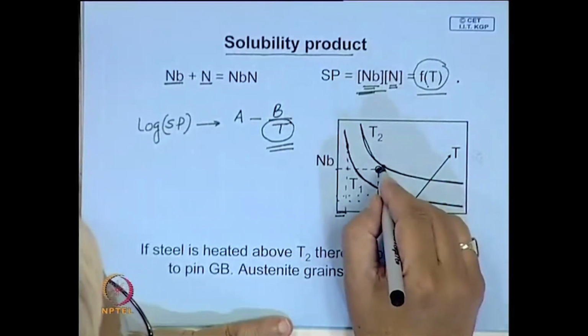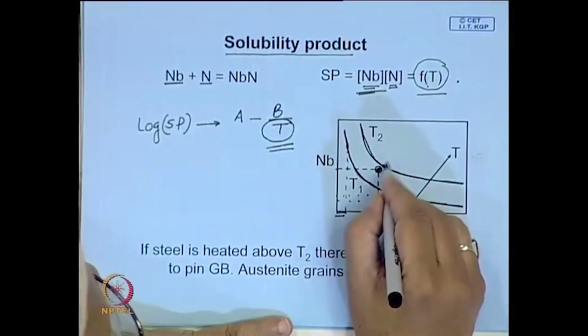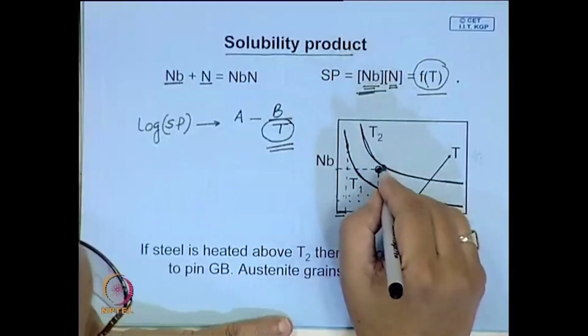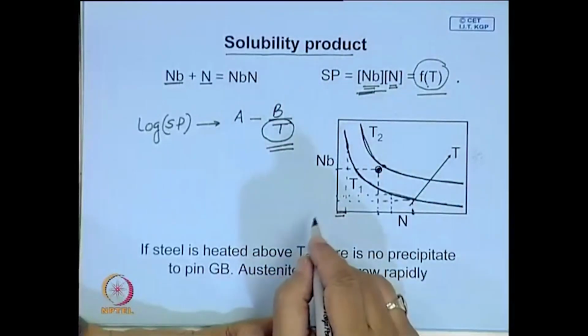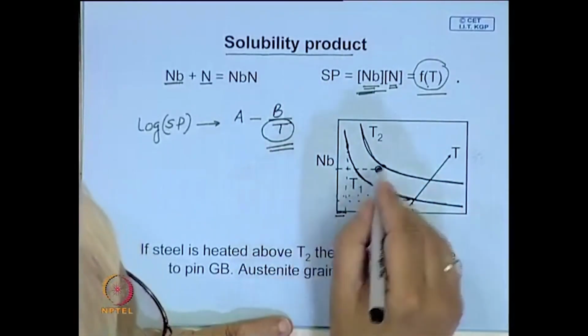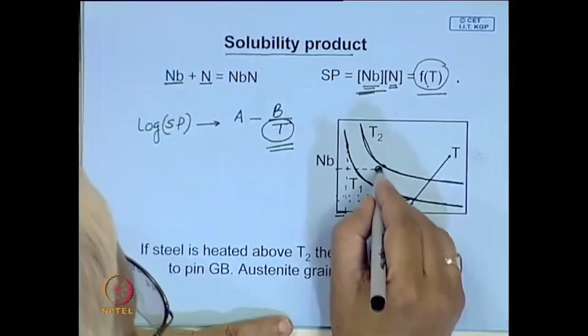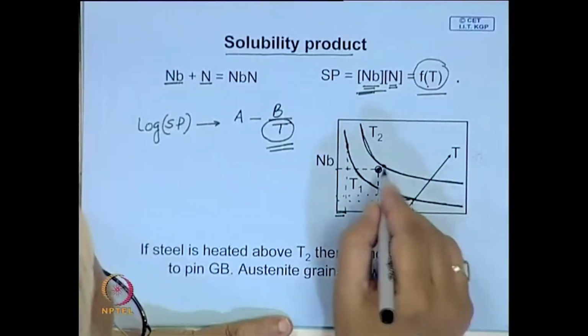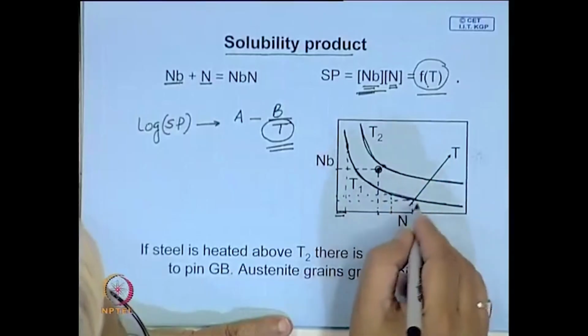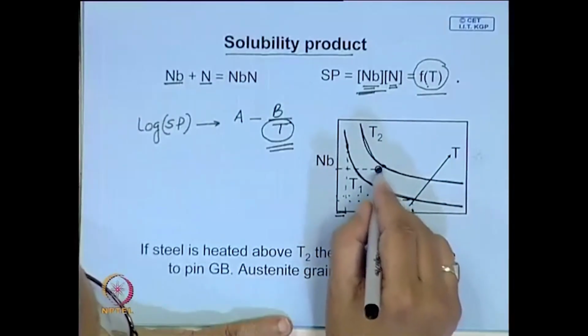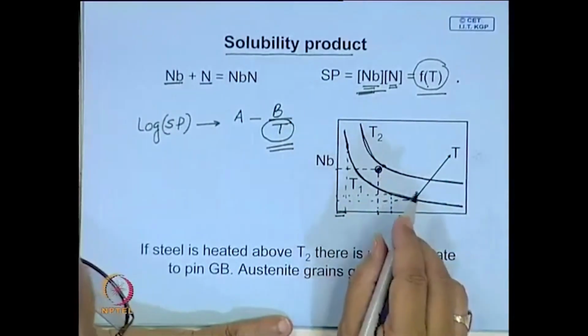So, you can say this is roughly the critical temperature. If you are austenitizing beyond this temperature, the austenite will grow. If you go close to this, where some amount of niobium nitride is still there to pin the boundary, the grains will not grow significantly.